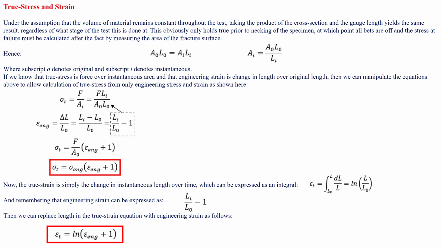When it comes to the true strain, the formula is ln of Li over L0, and if we already know that Li over L0 is engineering strain plus 1, you can replace it: true strain is equal to ln of engineering strain plus 1. This is how the engineering stress strain and the true stress strain are linked. Now we'll deal with the results so that you can understand how exactly it varies.